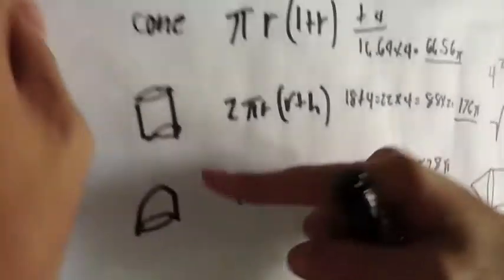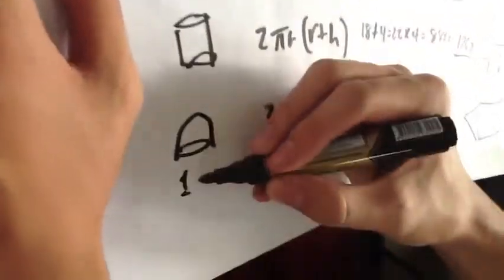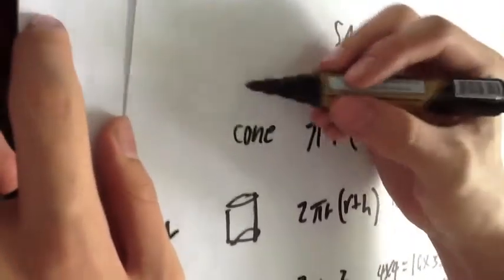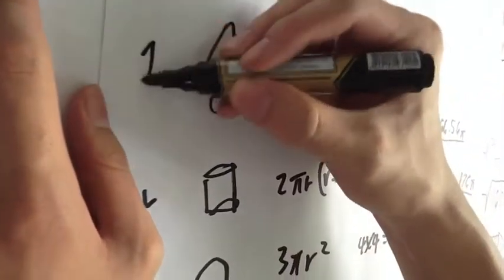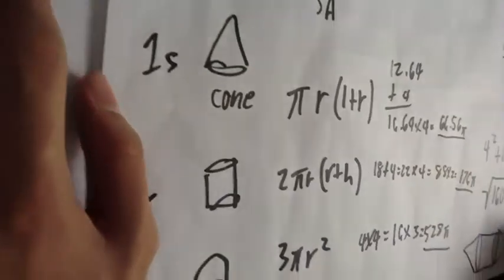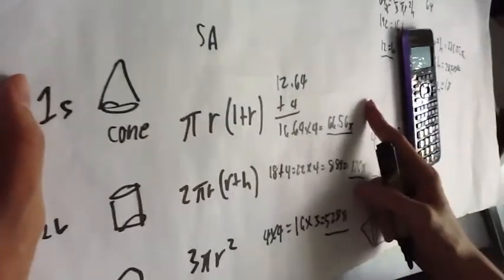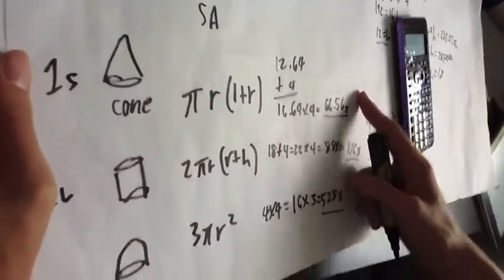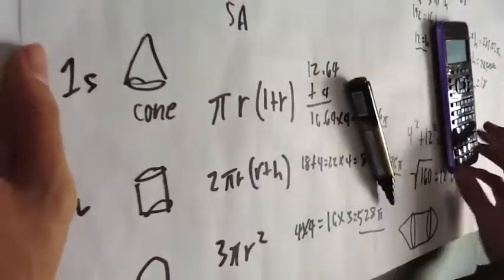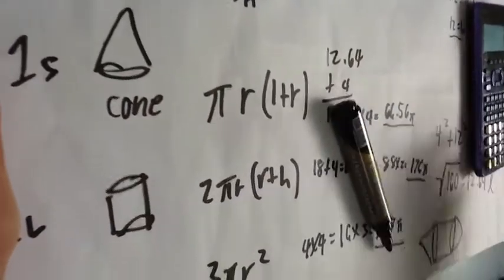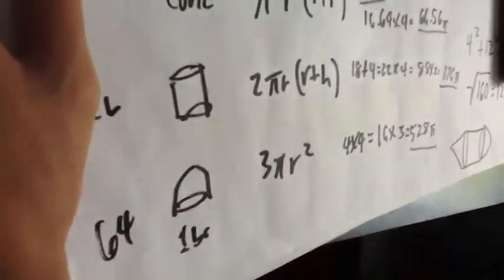Each object has one base, and the cylinder has two bases, and the cone has also one base, which is pi r squared. So pi r squared is 16 pi. 16 pi times 4 is 64. So I have to subtract that from everything here.